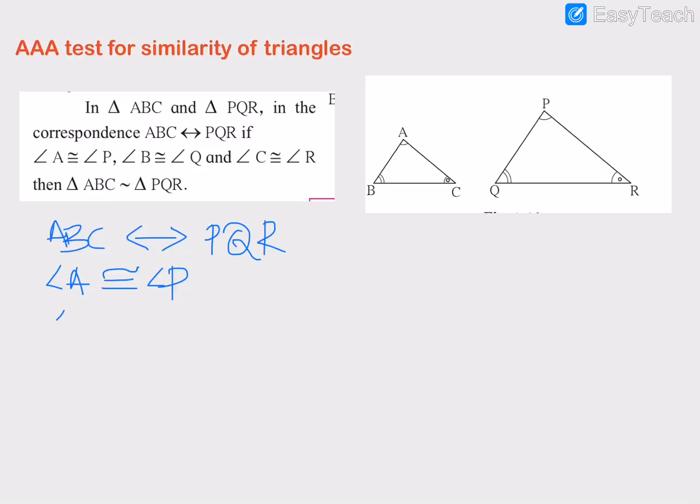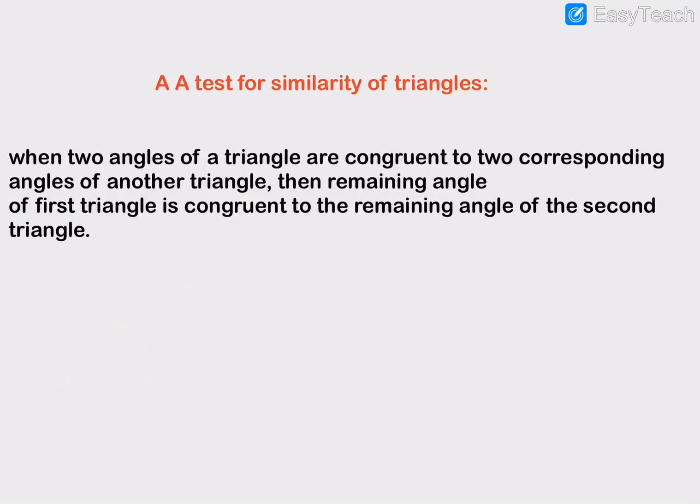The next condition is angle B congruent to angle Q, and angle C congruent to angle R. So when all the angles are equal or congruent, then the two triangles can be said to be similar by the AAA test for similarity of triangles. This is the first test for similarity of triangles.